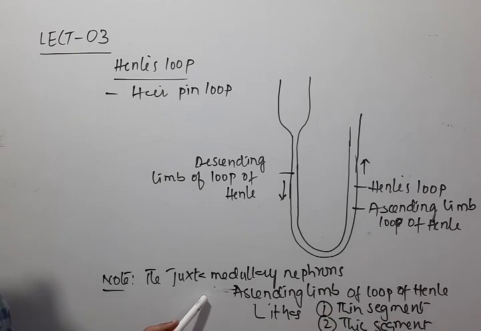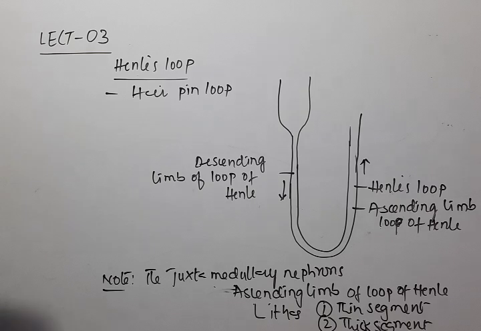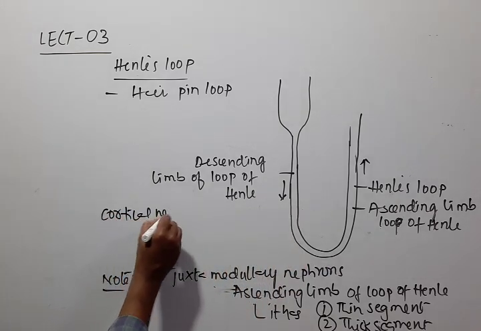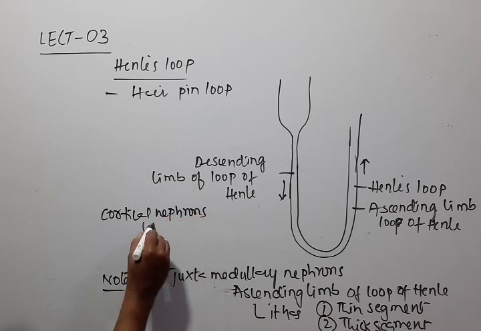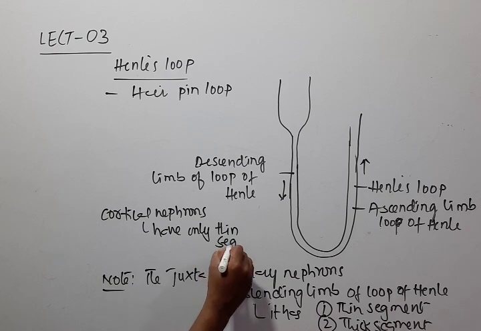Whereas in the case of cortical nephrons, the cortical nephrons have only the thin segment.